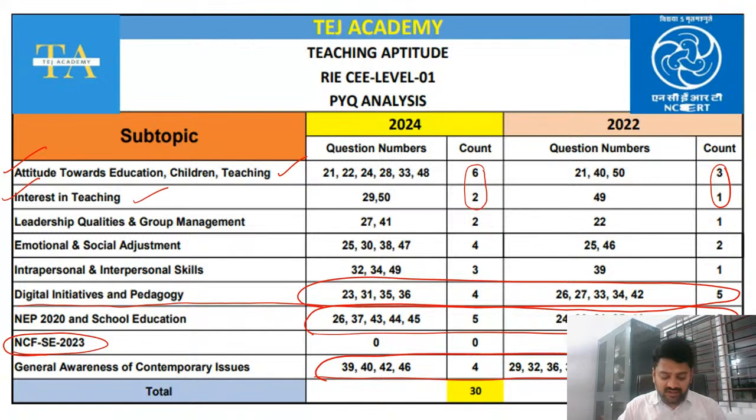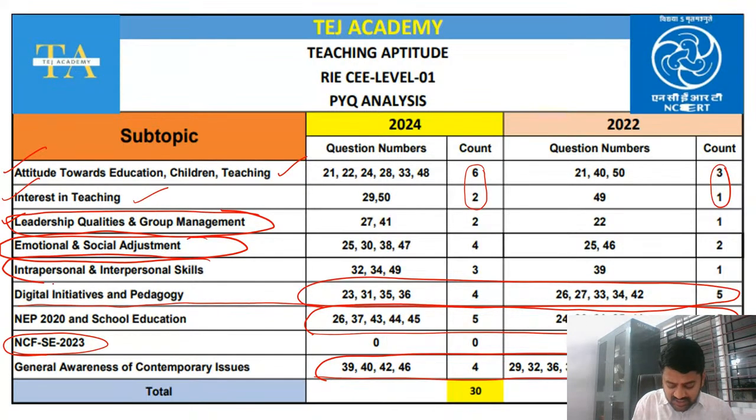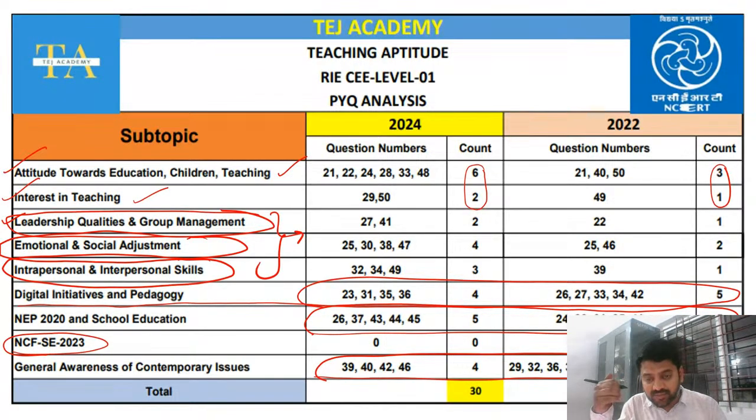In the next session, I will collect the questions on leadership qualities and group management, emotional and social adjustment, and also intrapersonal and interpersonal skills. Based on these three subtopics, I will gather the possible PYQs, and based on the PYQs, the expected models. We will create another 50 to 60 good models, and maybe within 1 or 2 days, we'll announce the session.